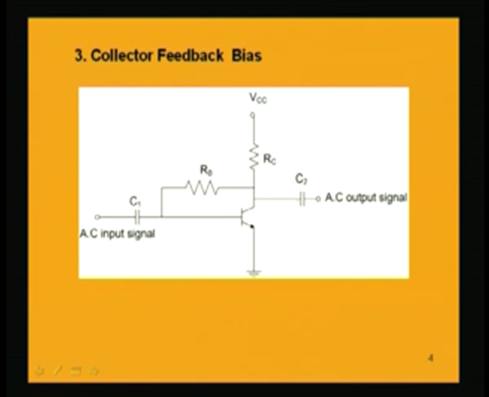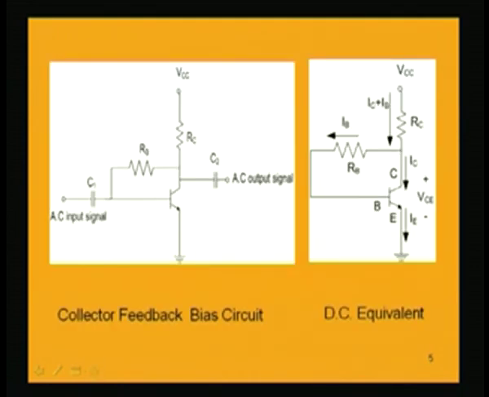The presence of these capacitances C1 and C2 is to couple the signal effectively, and under DC condition, when we only discuss the biasing scheme, these capacitances are open circuit, because under DC condition a capacitance offers infinite capacitive reactance. So, it is almost an open circuit. That is why in the DC equivalent circuit for this whole amplifier, we will be left with the circuit which is shown here.